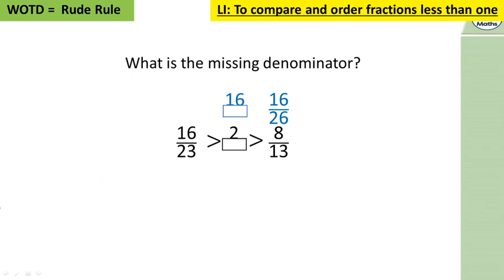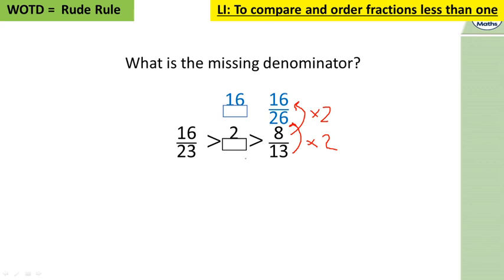Into 16 as a numerator, sorry. So 8 times 2 is 16, then it's the same as this numerator. Whatever you do to the top, you do to the bottom. So 13 times 2 is 26. So we've got 16 over 23, 16 over 26.